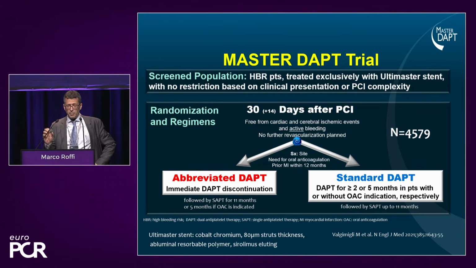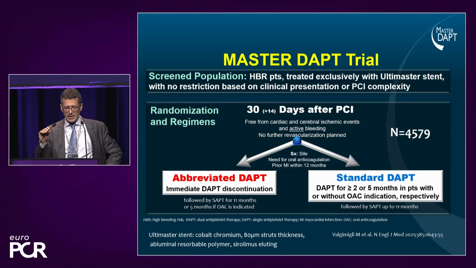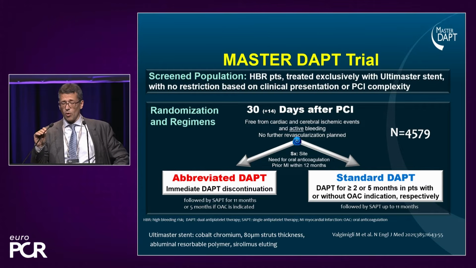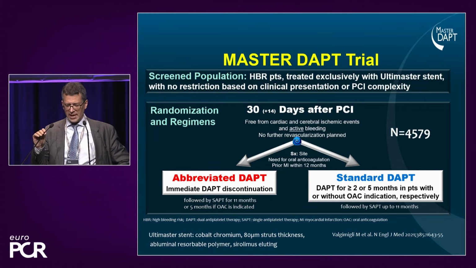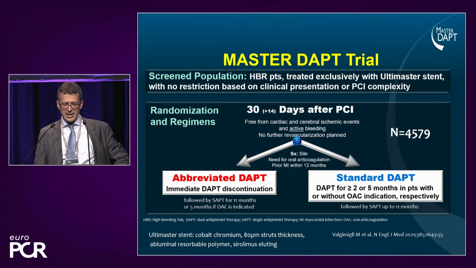Namely because the patients were all high bleeding risk patients. They were all treated with the Ultimaster stent from Terumo, and there was really no exclusion criteria other than having this stent. Excluded were only patients with a previous stent thrombosis or patients with in-stent restenosis. So all the patients were treated according to the investigators in terms of antithrombotic treatment up to 30 days.